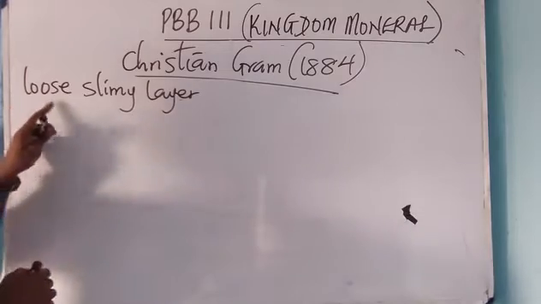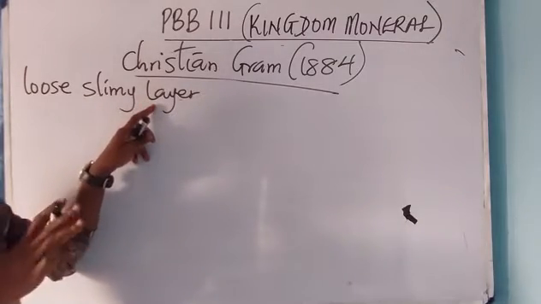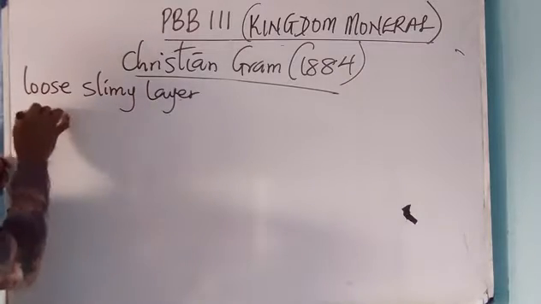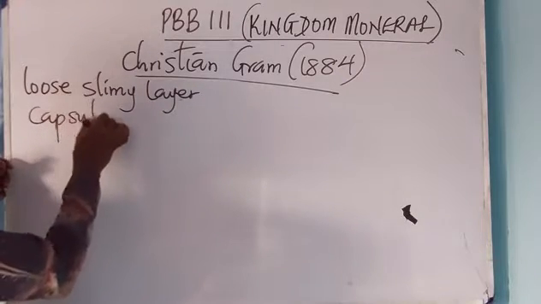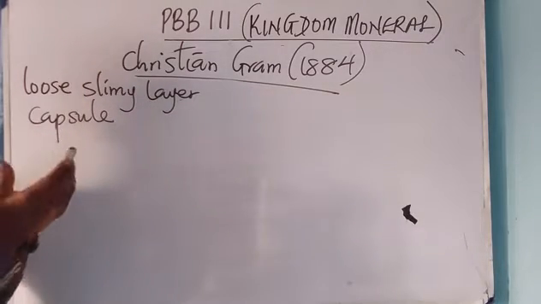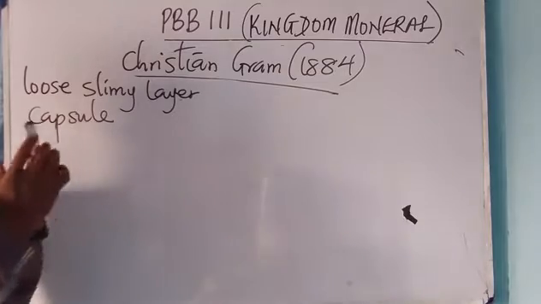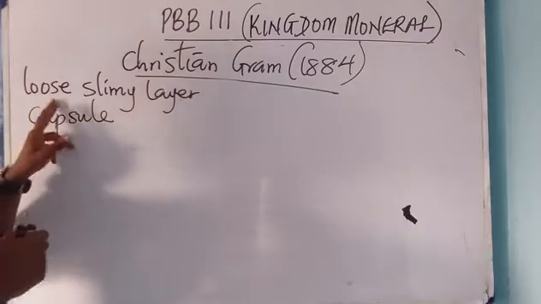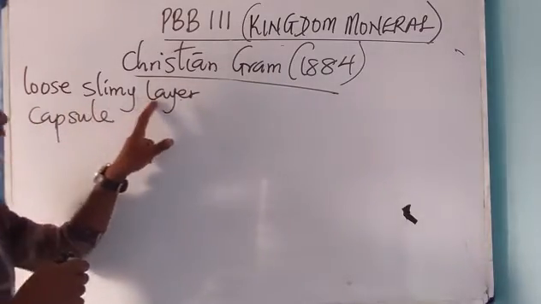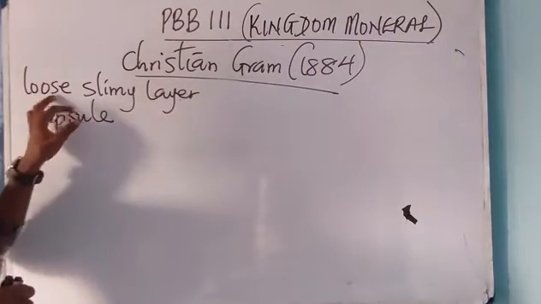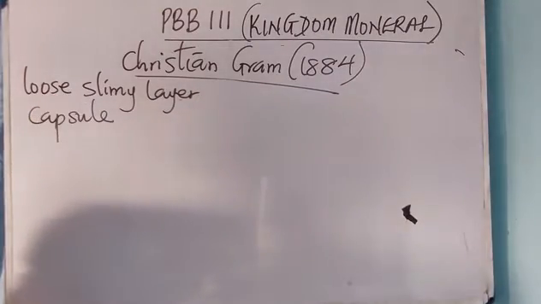Now, this loose slimy layer can be washed away easily, but the one that cannot be washed away easily is called a capsule. Which means the capsule is a dense and thick slimy layer found in certain bacteria that it uses to stick itself to the host. But as for the loose slimy layer, it is easily washed away because it is not dense. So please take note of that.